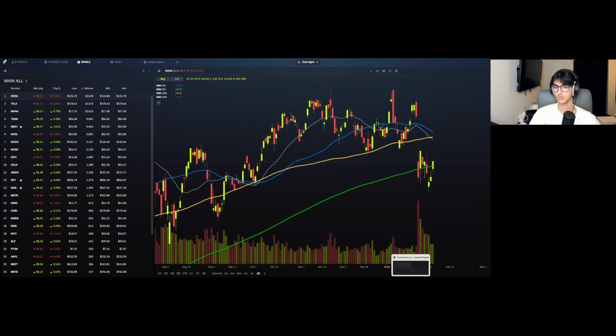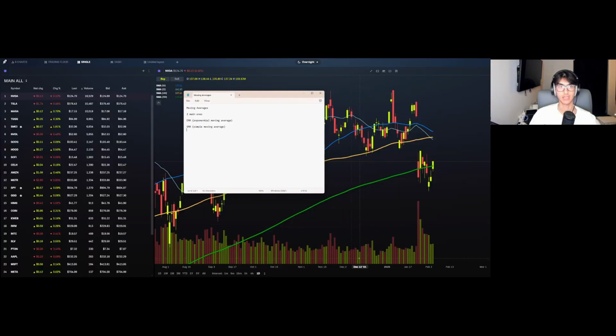The difference between EMA and SMA is that the EMA places more weight on recent candles, and the SMA is equal weight across all candles.